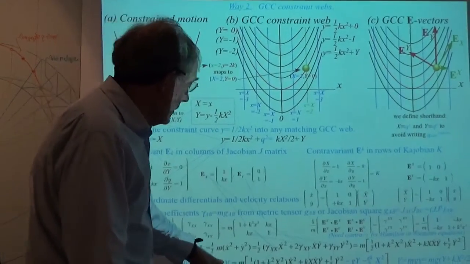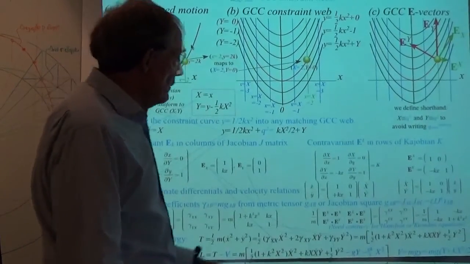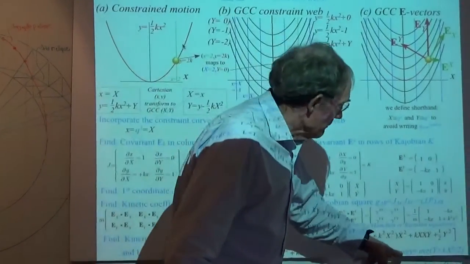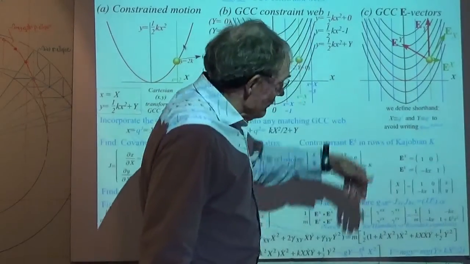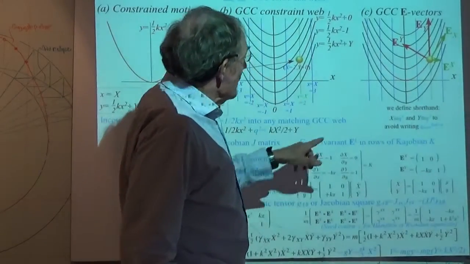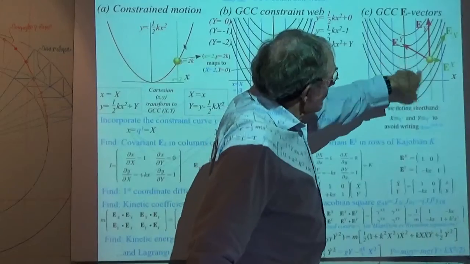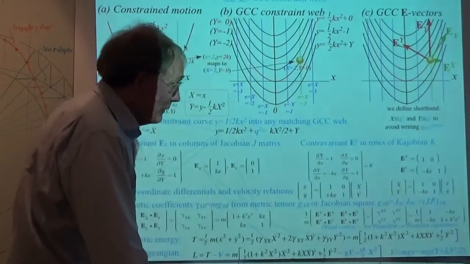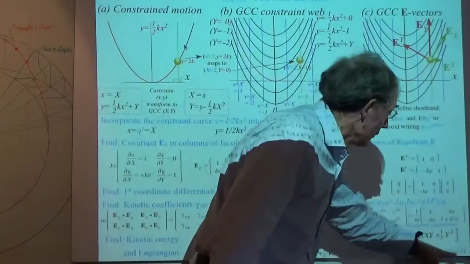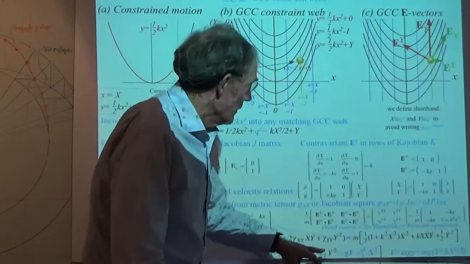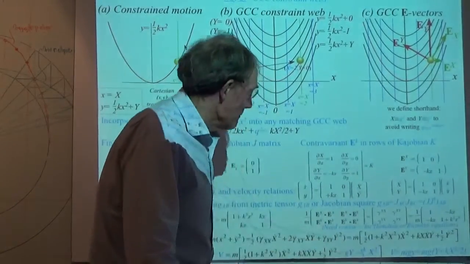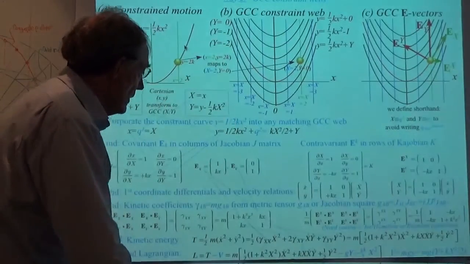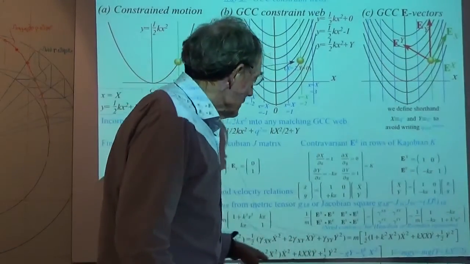And here's the whole Lagrangian with mgy, assuming gravity is straight down these vertical lines here, plus kx squared over 2. So we get this potential along with a fairly complicated Lagrangian.